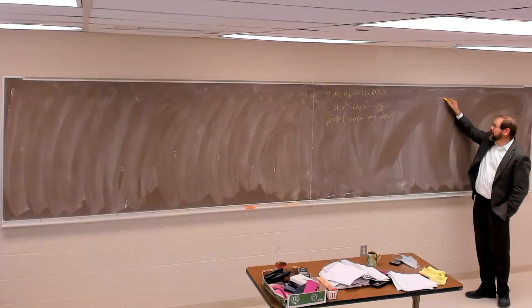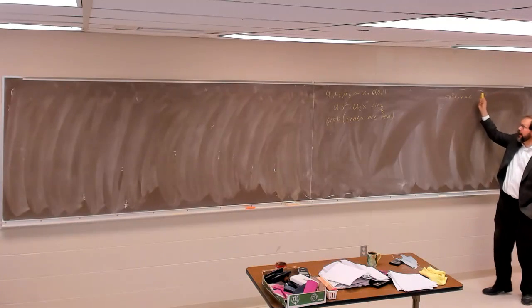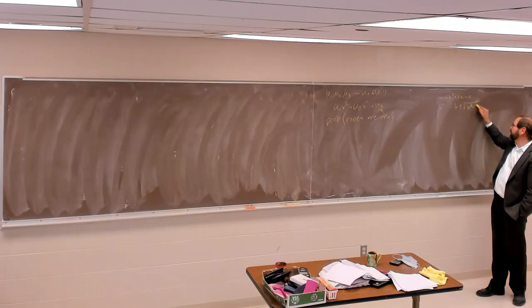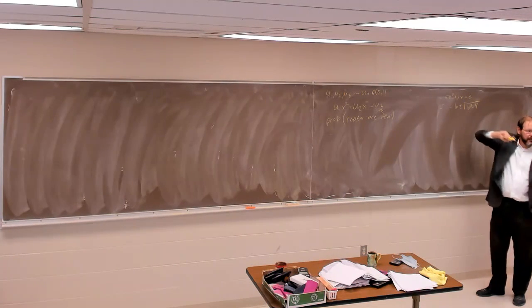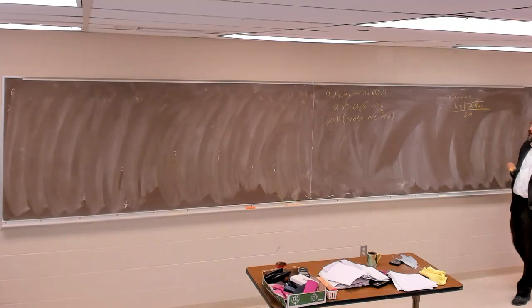Yep, right, because if I have ax squared plus bx plus c, the roots are going to be negative b plus or minus the square root of b squared minus 4ac, all divided by 2a.